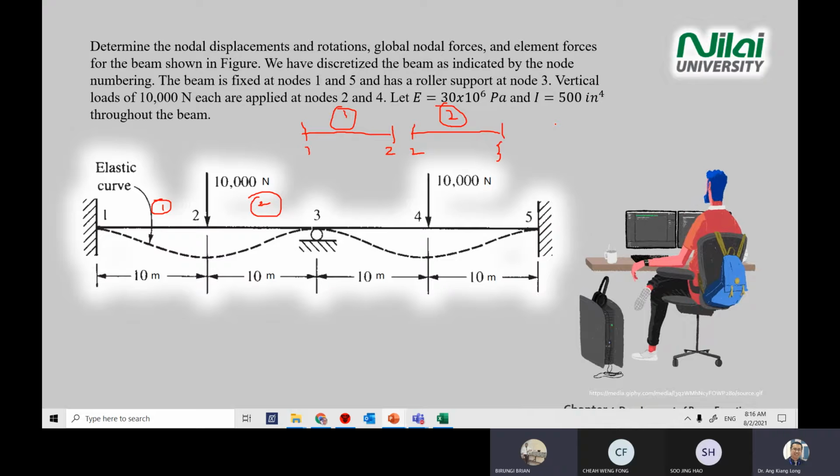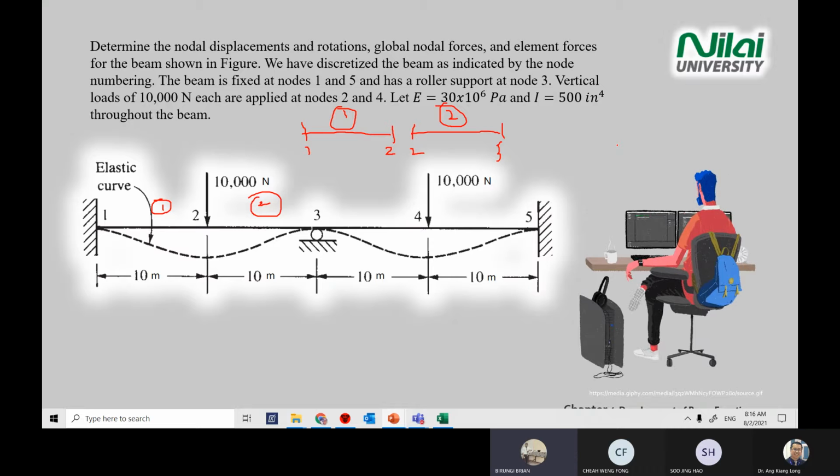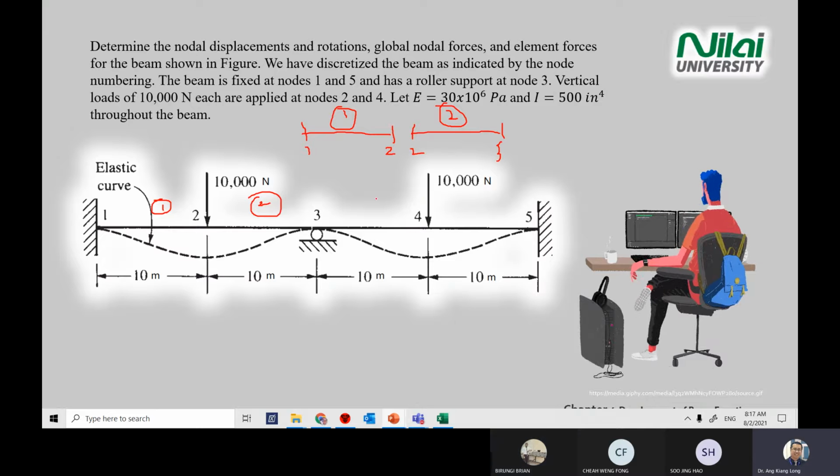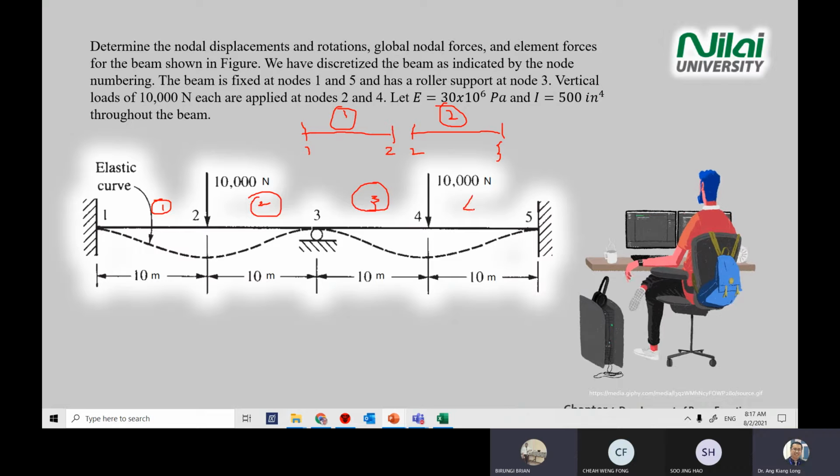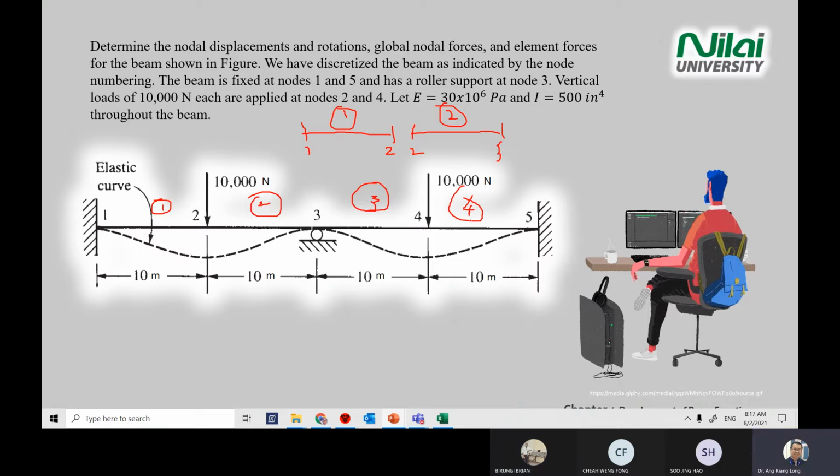Yes, sir. So how many elements you can have from point 1 to point 5? 4, sir. 4. Okay. So what is the third element? Third element connecting which point? It's connecting 3 to 4. Okay. Then this is element 4. Total you have 4 elements.